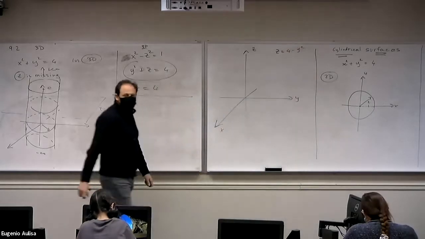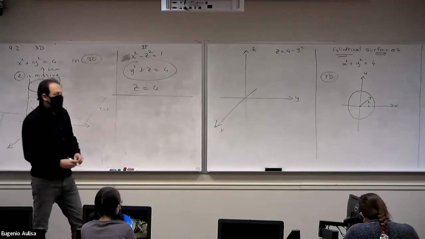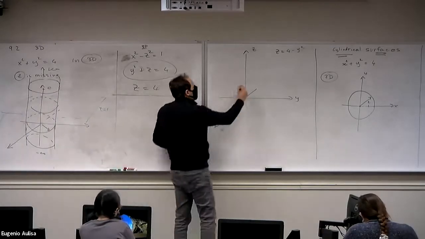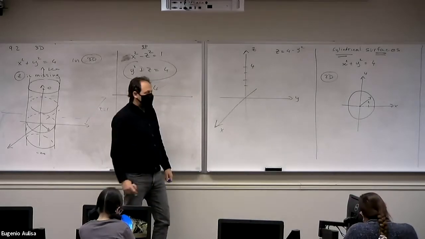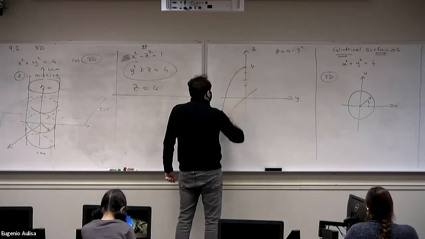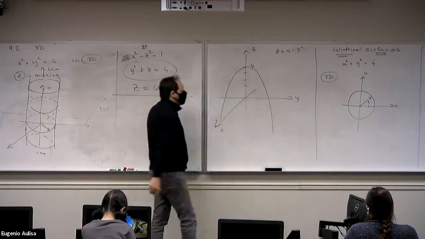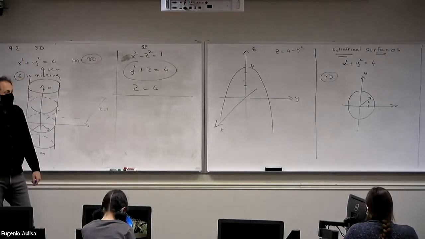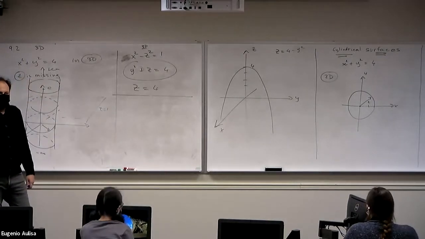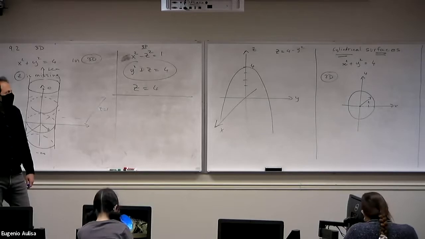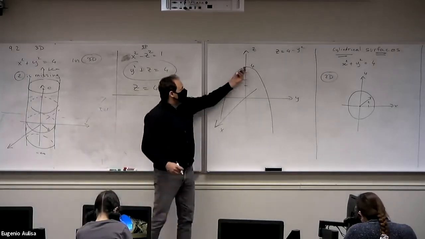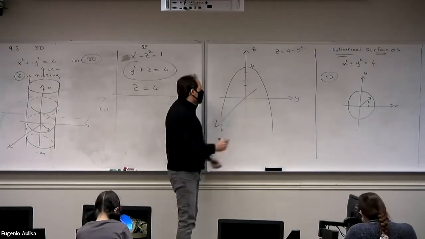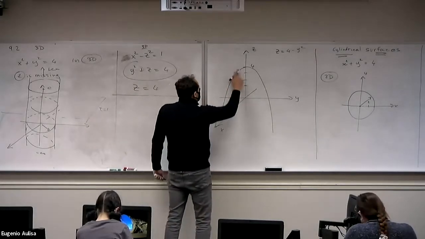What is this parabola? In the YZ plane it is a parabola with vertex at 4, which opens toward the negative z axis. So the trace of this cylindrical surface on the YZ plane is that parabola. What do we do with this parabola to get our surface? We shift it parallel to x. So what we are going to get, let's do this first.